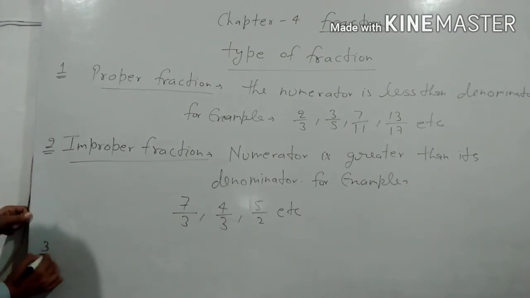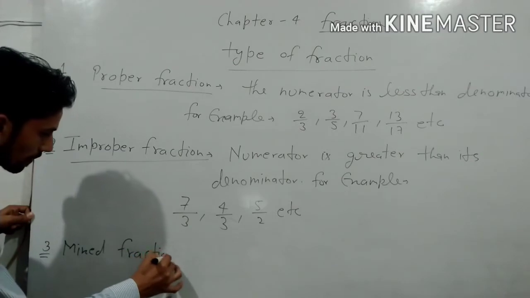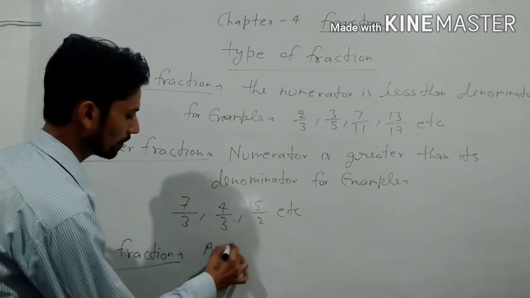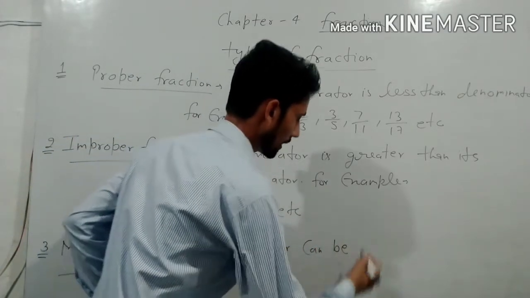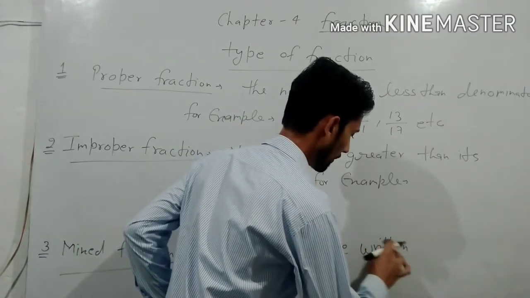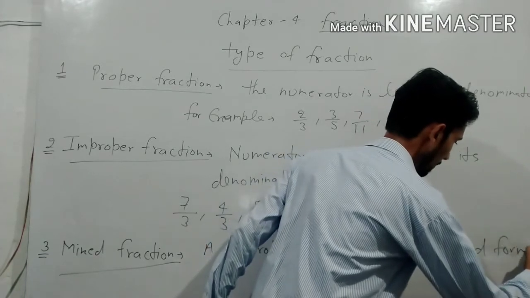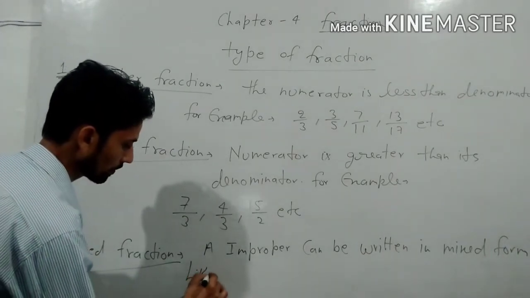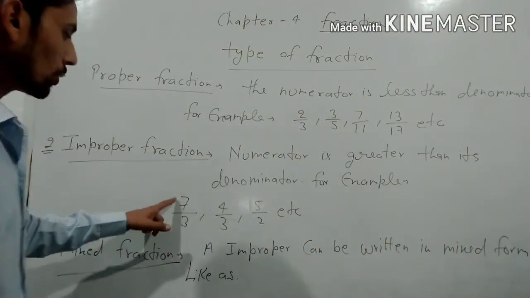Third, mixed fraction. An improper fraction can be written in mixed form. Like here is 7 upon 3.